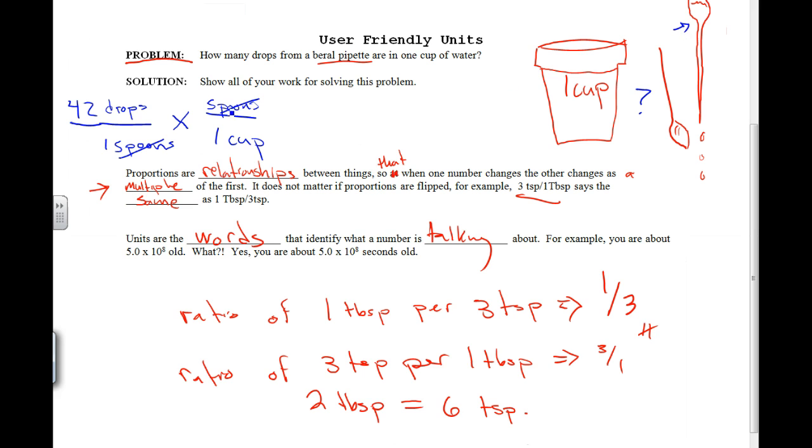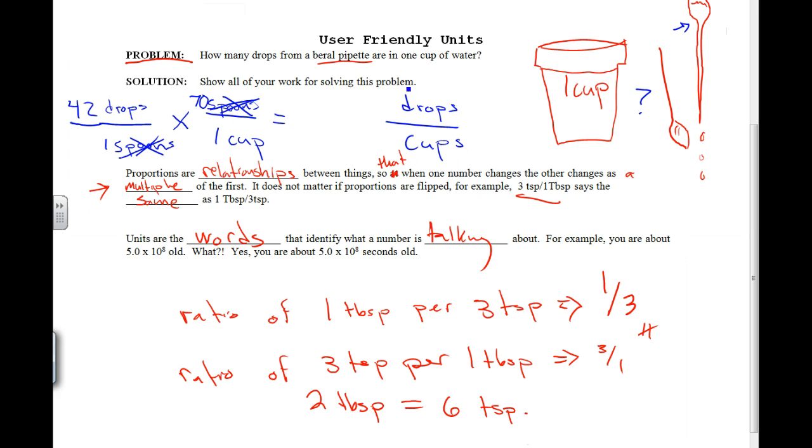All right, and let's say that there was, I have no idea, 70 spoons in 1 cup. The unit of spoons will disappear. It leaves me with this weird unit that I'm not used to, but it's drops over cups.